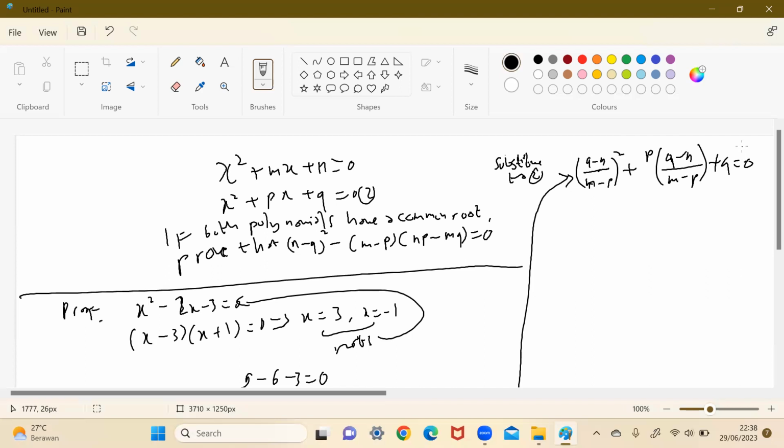From here on out, it's just algebra. You simply do a bit of tedious calculation, and I hope you can actually calculate this on your own. So let me just do the full calculation myself.